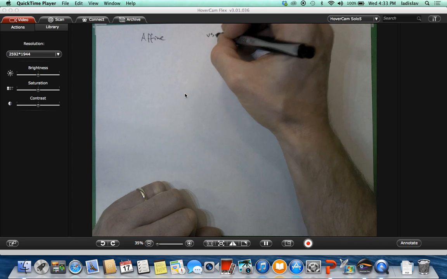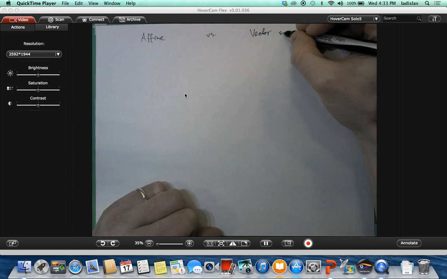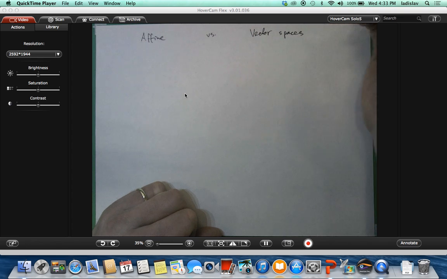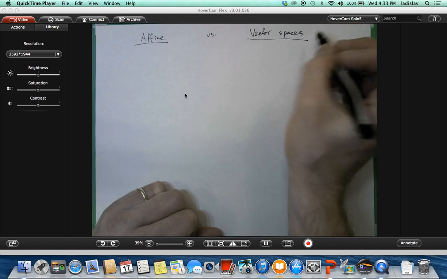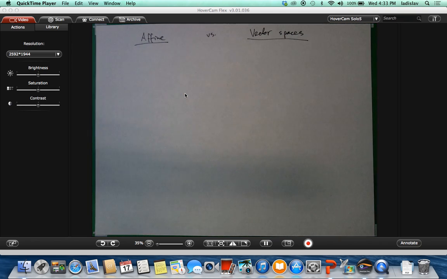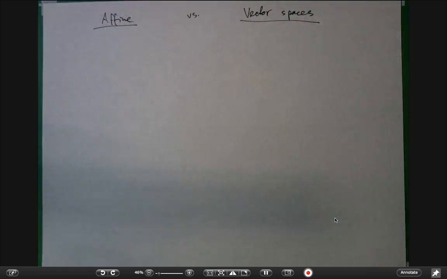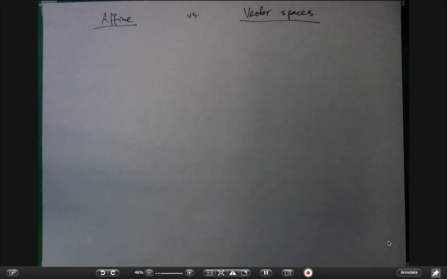So the differences between affine versus vector spaces. So let's, before I get to the formal definition of an affine space in a little bit. Oh, sorry, I need to make it bigger. Just yell at me if there is something wrong on the screen. And I can also hide this.